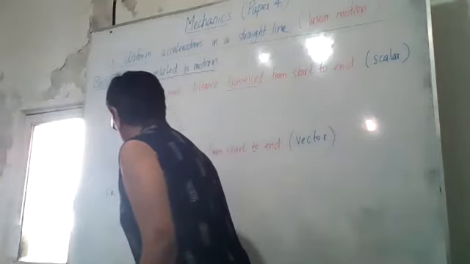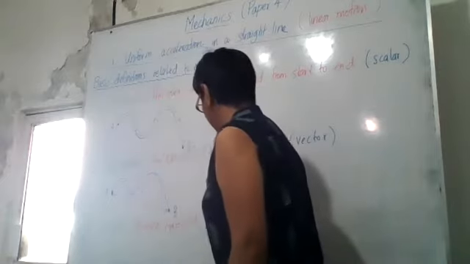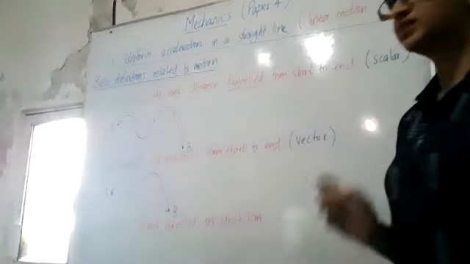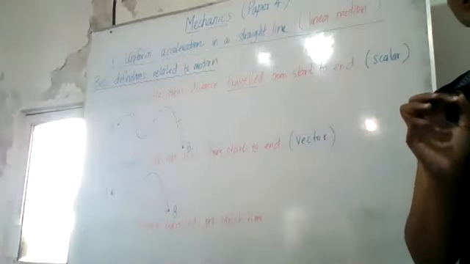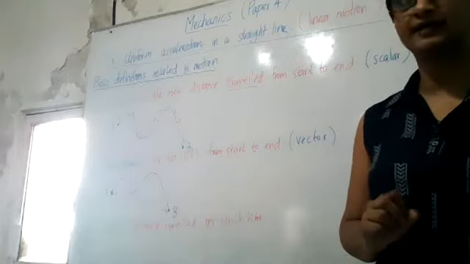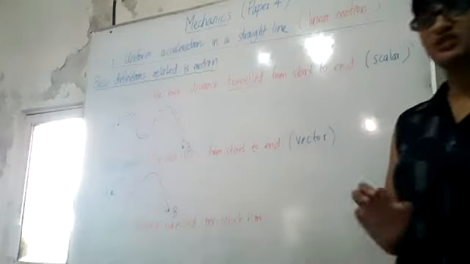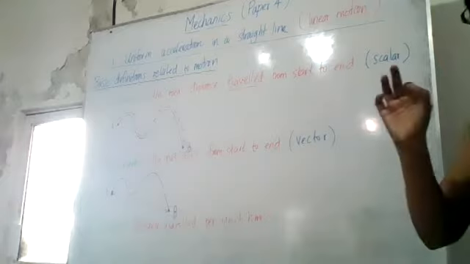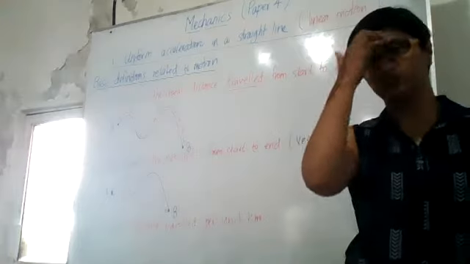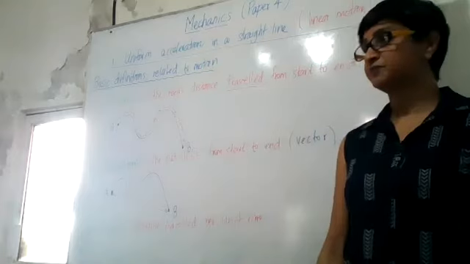The standard unit with which speed is measured is meters per second. Distance, meters; displacement, meters; speed, meters per second. That's the standard unit. There are many other units with which we measure speed: kilometers per hour, miles per hour.